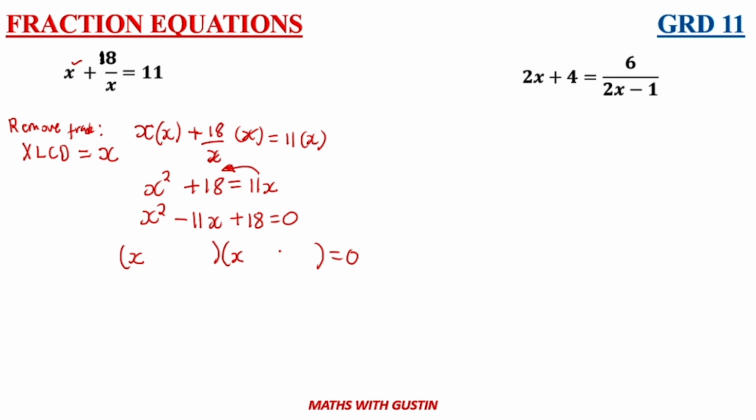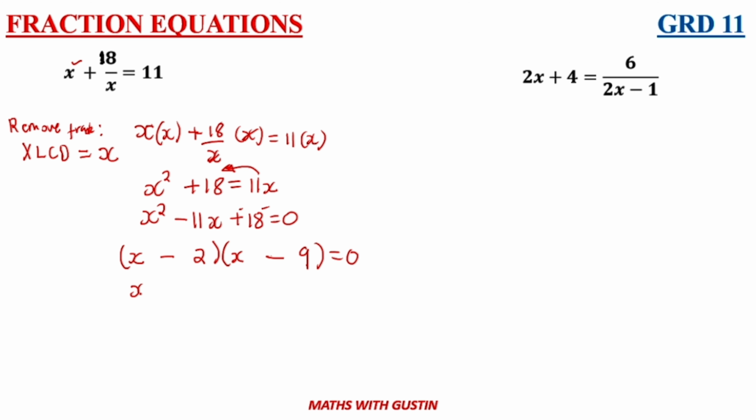We need two numbers that multiply together to give 18, and those numbers are 9 and 2. When you add them, they must give us negative 11. For the product to be positive, we make both negative: negative 2 times negative 9 gives us positive 18, and negative 2 plus negative 9 gives us negative 11.